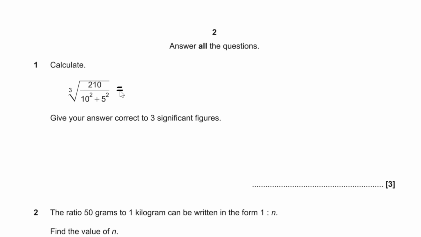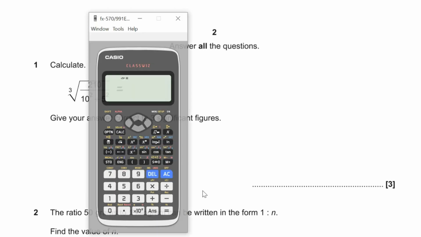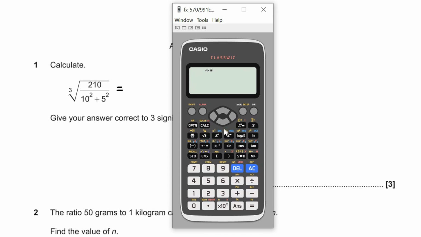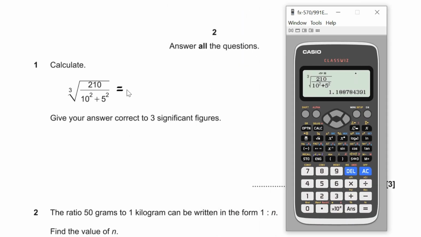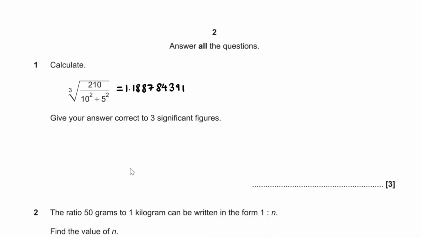Well, if we work out the value of this on our calculator, if we key in the cube root of 210 over 10 squared plus 5 squared, what you'd find is we get a value of 1.18878439 and we need to round this to 3 significant figures.